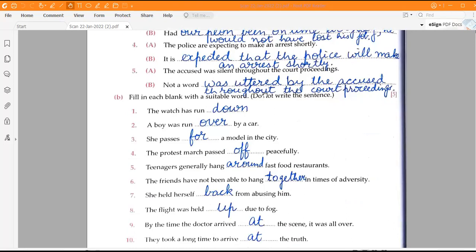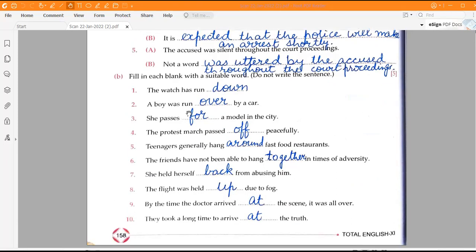Fill in each blank with a suitable word. The watch has run down. The boy was run over by the car. Second one, over. Third one, she passes for a model in the city. Fourth one, the protest march passed off, OFF, peacefully.